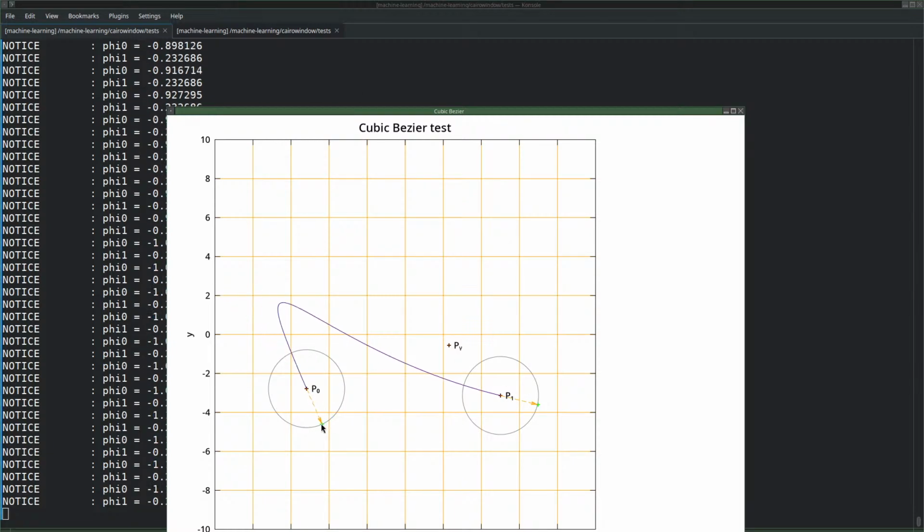Well, this is wrong to begin with. It should go in the direction of D0, and it's going in the opposite direction, and this one is okay. It arrives here in the correct direction.